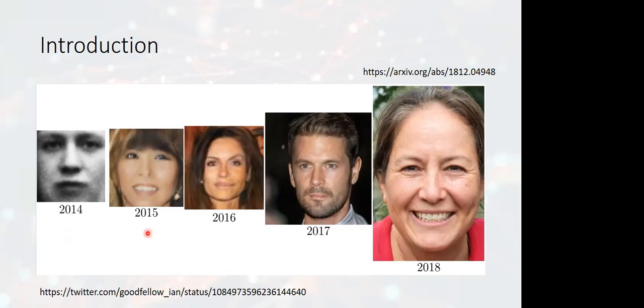But in just 4 or 5 years, we were able to produce images which are indistinguishable to the human eye. The last one is produced using something called a style-based generator architecture for GANs that came out in late December. I have also provided the arXiv link on the top for this style-based GAN, which is one of the most advanced GANs if anyone is interested in pursuing it further.